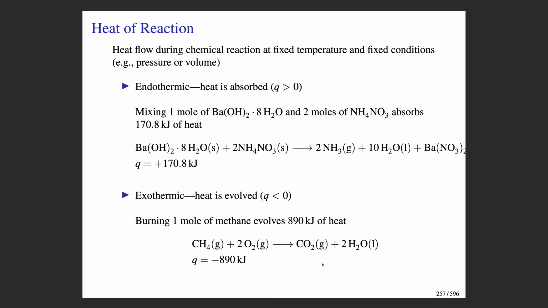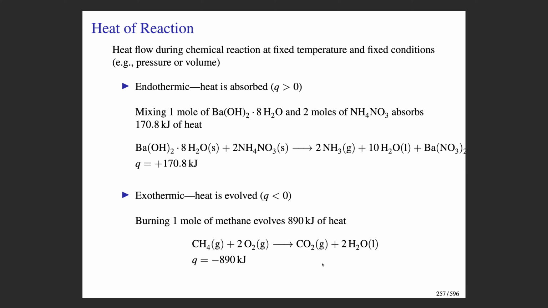We'll be talking about heat flow during chemical reactions, so we'll be talking about the heat of a chemical reaction. Typically, the chemical reaction will be carried out at a fixed temperature and fixed conditions. Most commonly, pressure is a fixed value. However, you can also have a constant volume process.